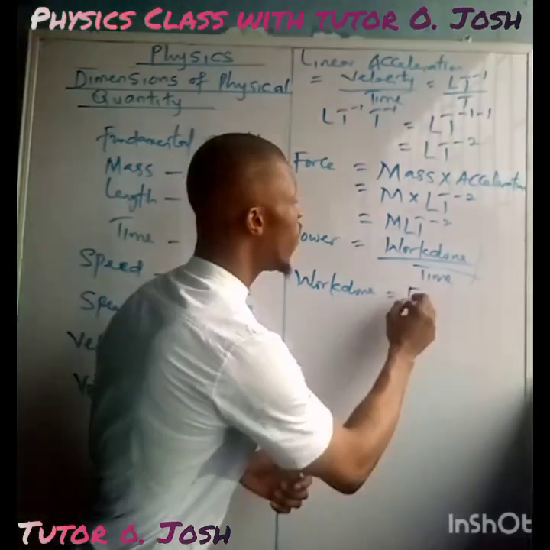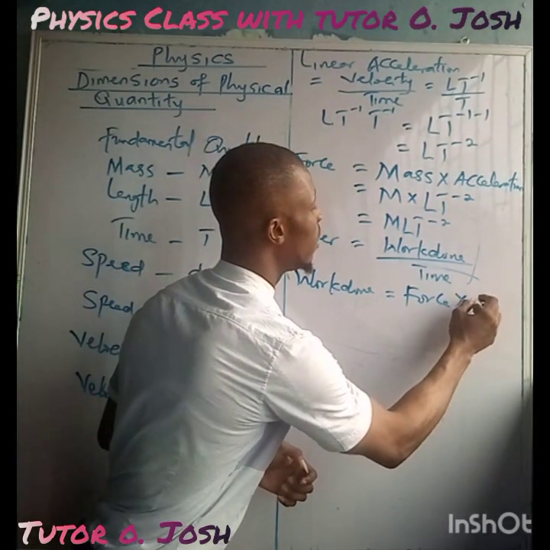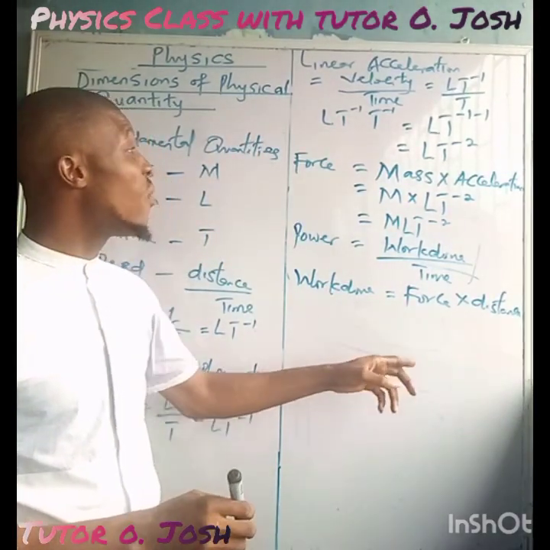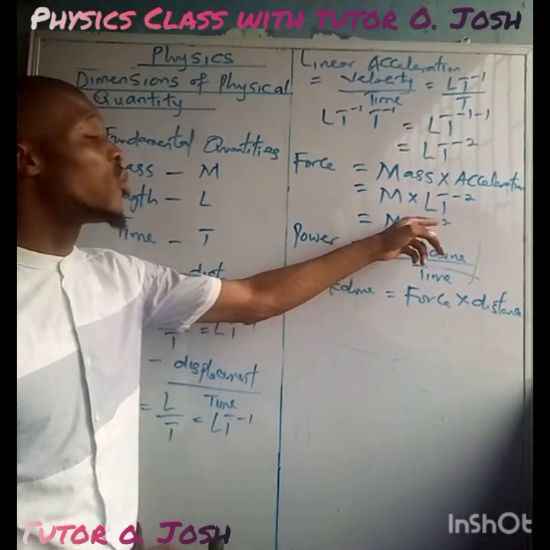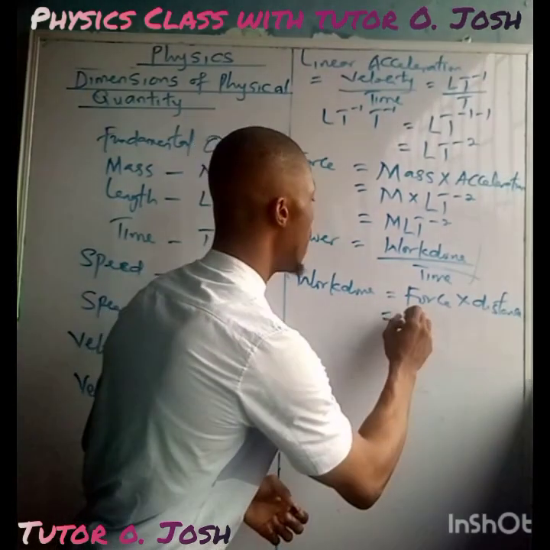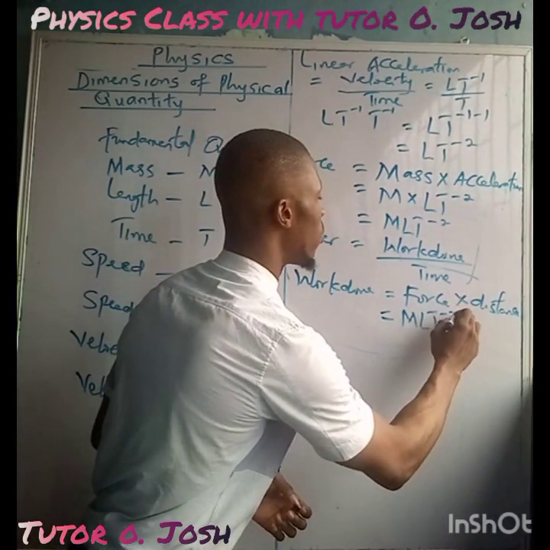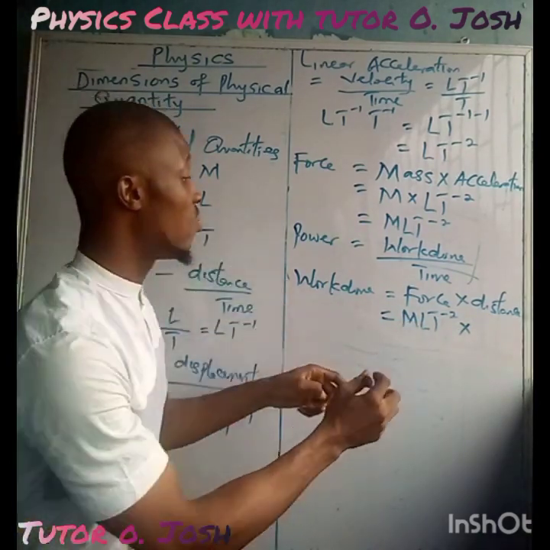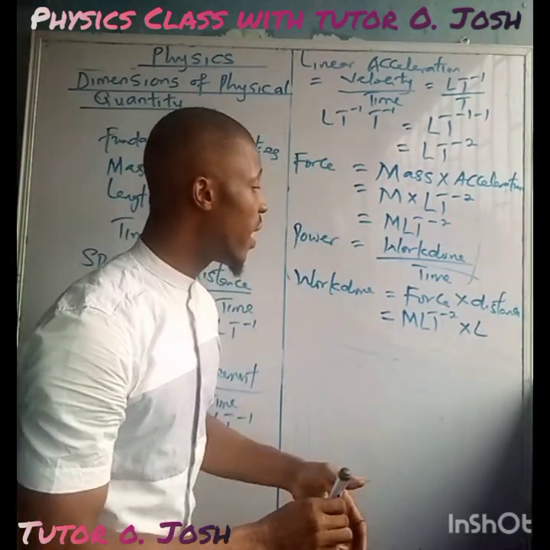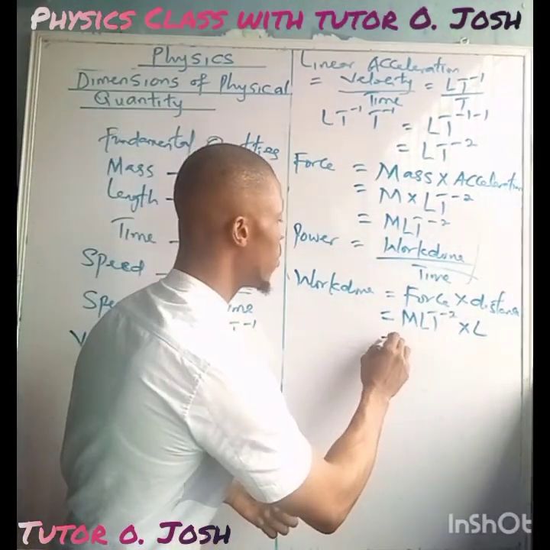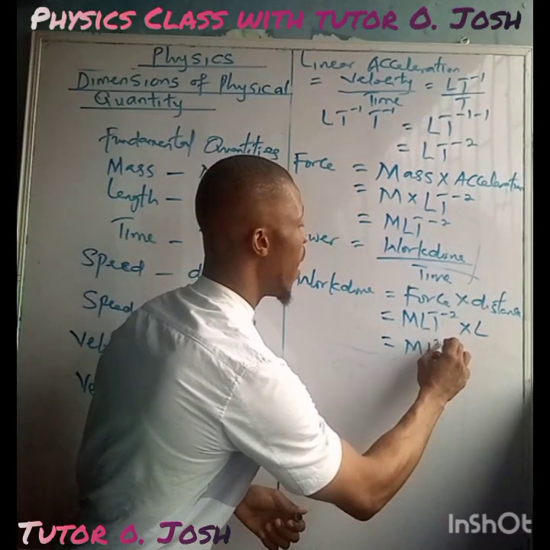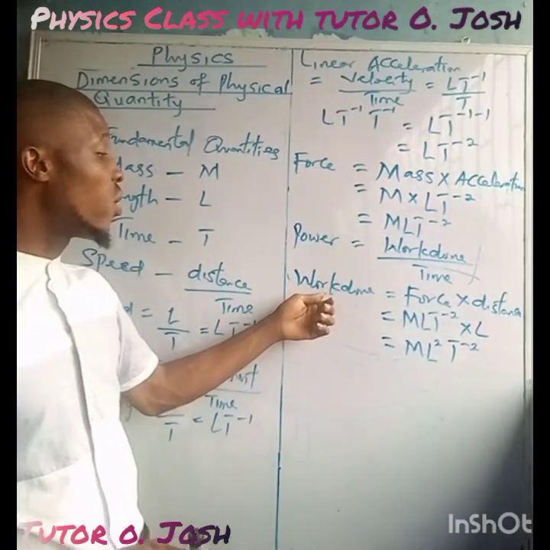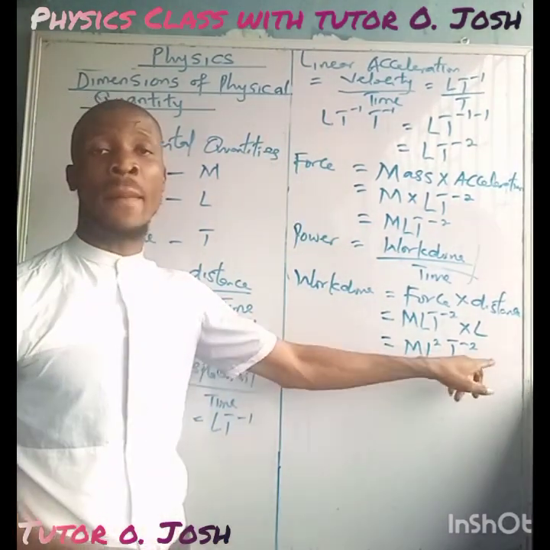The dimension of force is MLT^-2, times the dimension of distance, which is L. Taking the L and L together gives us ML^2T^-2. So the dimension of work done is ML^2T^-2.